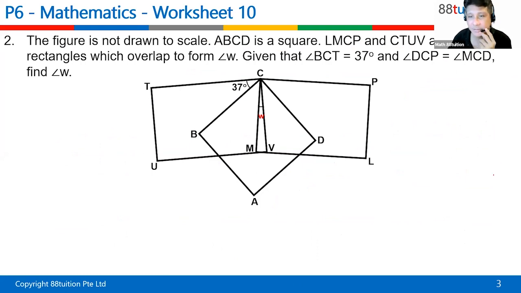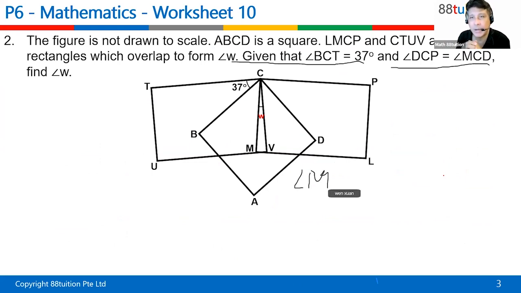Are you with us? Okay, so Wenxian has underlined, yes, those are important bits of information. Angle BCT is 37 degrees. Okay, that one is already marked in the diagram. Angle DCP is equal to angle MCD.